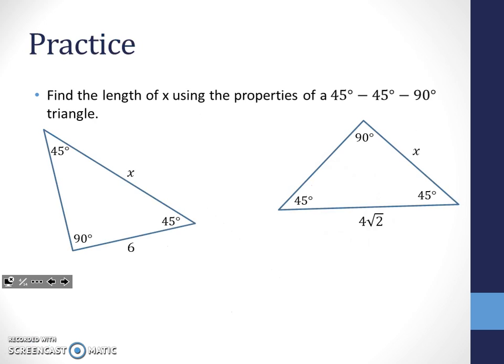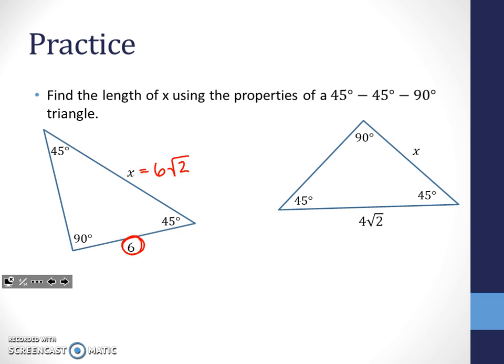Okay, let's practice a little bit. I've got a 45, 45, 90 triangle down here. We know that our leg is 6, and they're asking us to find x. Well, x is my hypotenuse. So if I think back to the triangle on the other page, if I know my leg is 6, the hypotenuse has to be 6 times the square root of 2.